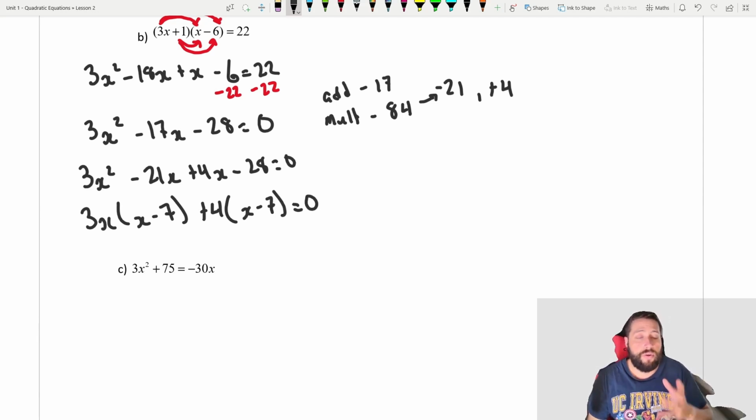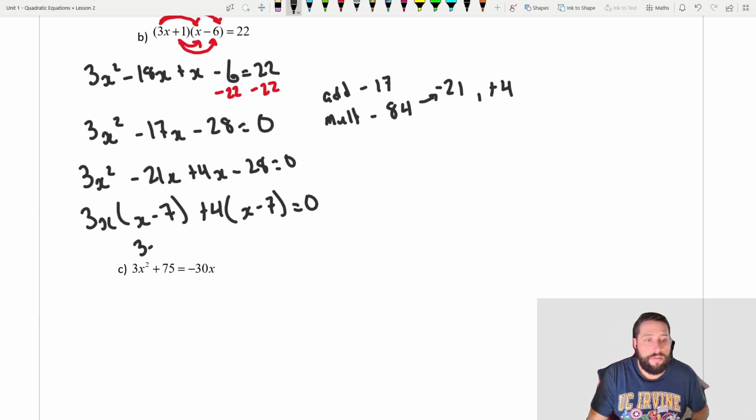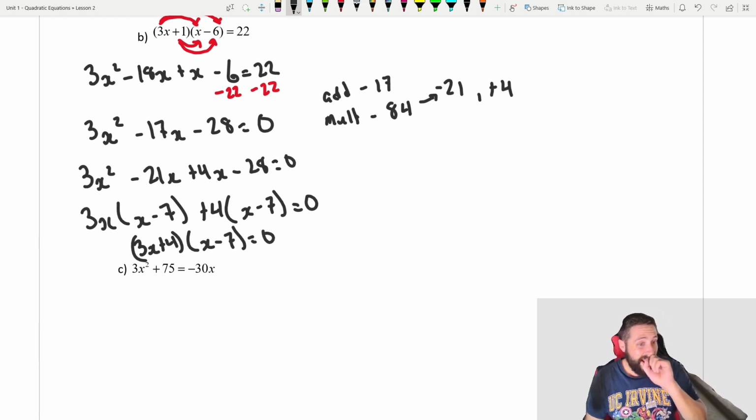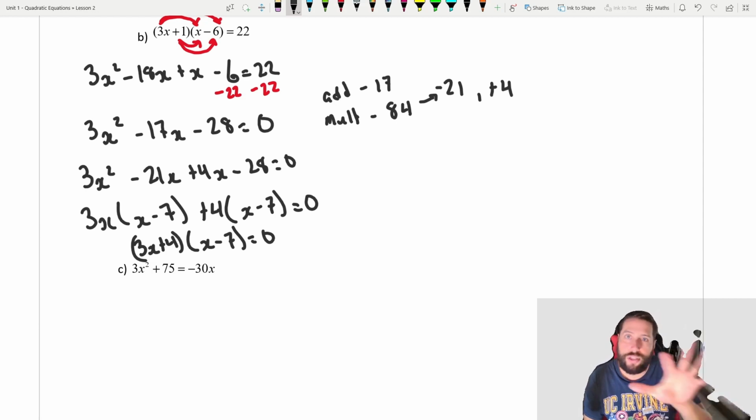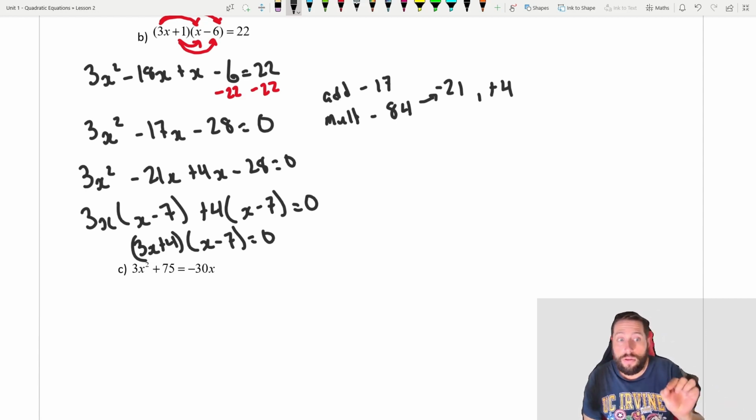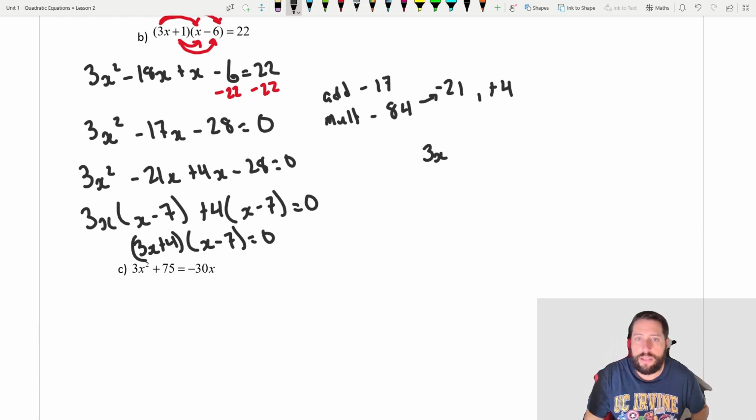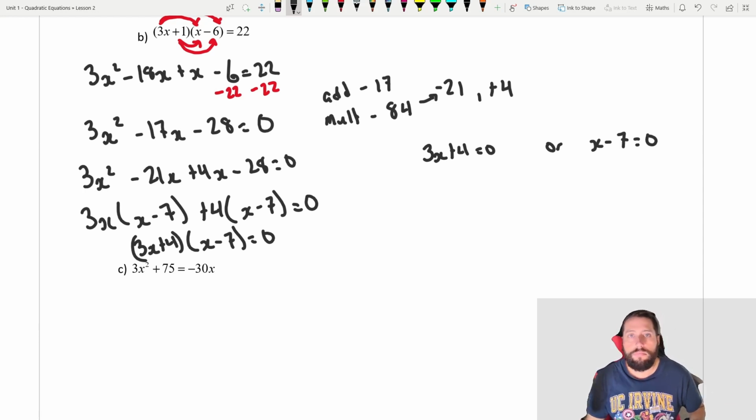So it's going to be 3x plus 4 times x minus 7 is equal to 0. All we have done is factor it. We need to now solve for it. So 3x plus 4 is equal to 0, or x minus 7 is equal to 0. You isolate for x in each separate part, and that should be your answer.